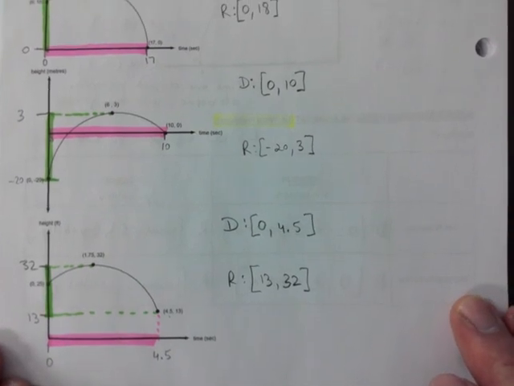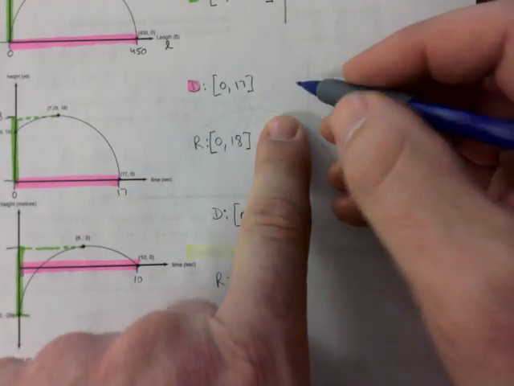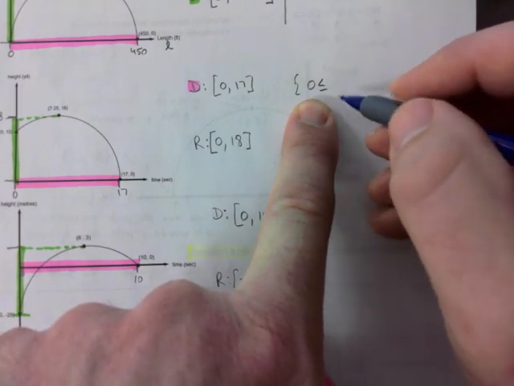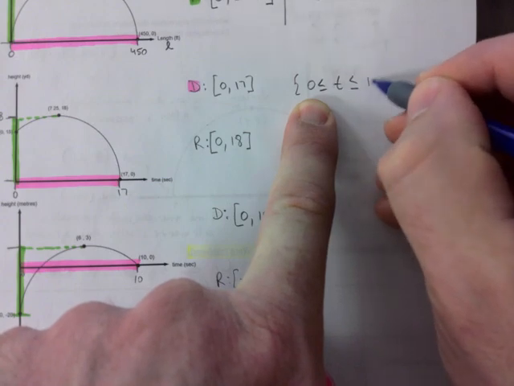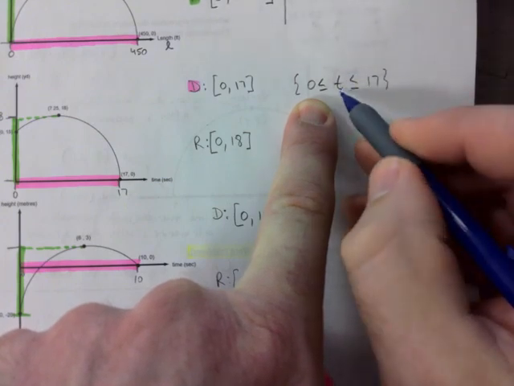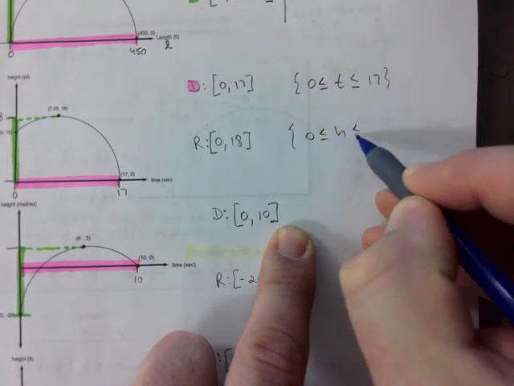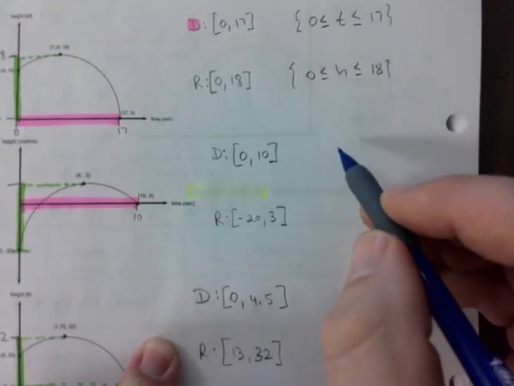Let's translate all of these to set notation. So I'm just going to go like this, 0. What do we have? We have time and height, right? So we're going to go, the x is time and height like this. Okay, translate this one.